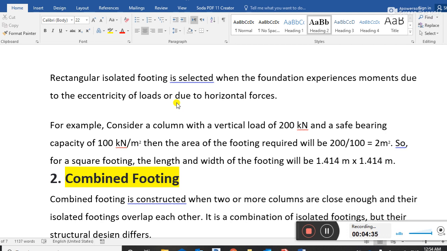Then the area of footing required will be 200 divided by 100, which is 2 square meters. So for a square footing, the length and the width of the footing will be 1.414 meters by 1.414 meters.